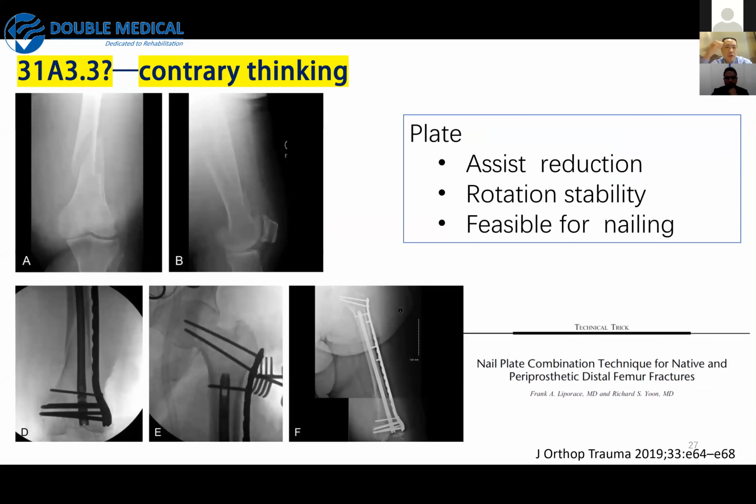As we know, in the distal femur fracture, we often use the plate. For plate-assisted reduction, they add rotation stability, and the plate is also feasible for nailing. Why not? We have a contrary thinking. Why not use the plate in the proximal femur?